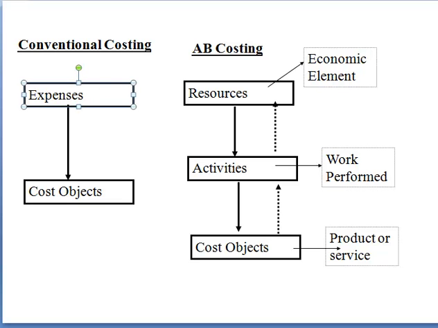In conventional costing, the expenses are allocated, absorbed, and apportioned over the cost objects. So there is a direct link between expenses and the objects. What are these expenses? Salaries, depreciation, interest, etc. But in activity-based costing, we say that the expenses are not directly consumed by the objects.